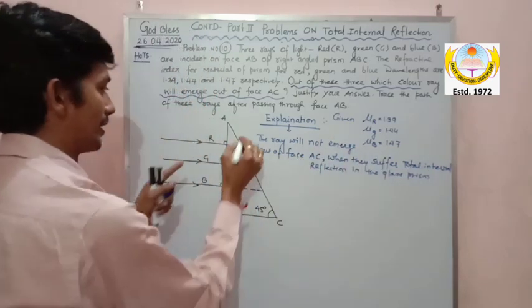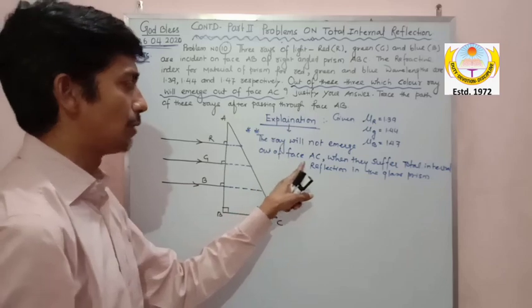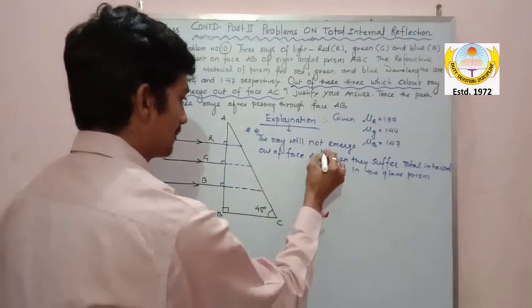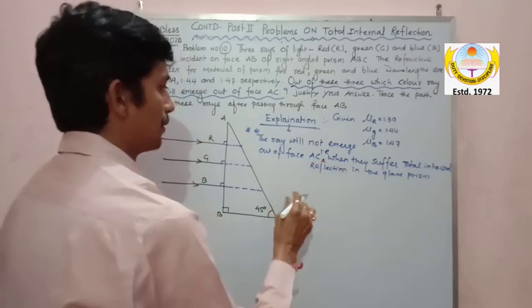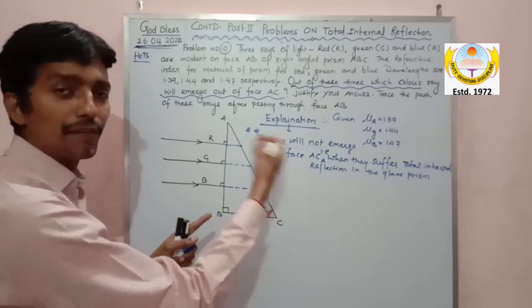Please try to understand, this is very important. The ray will not emerge out of face AC, that is, when it suffers total internal reflection in the glass prism, it will not come out of AC.